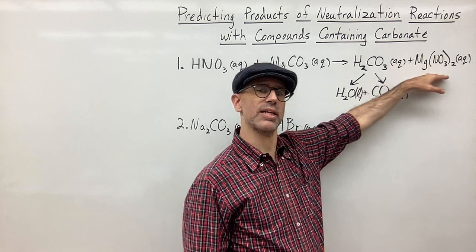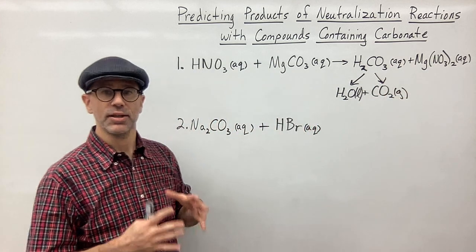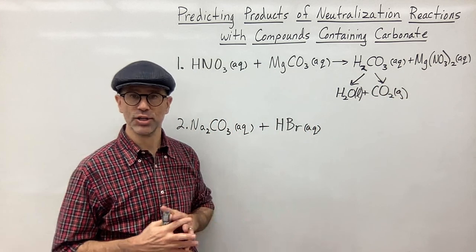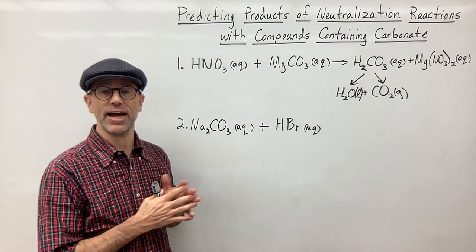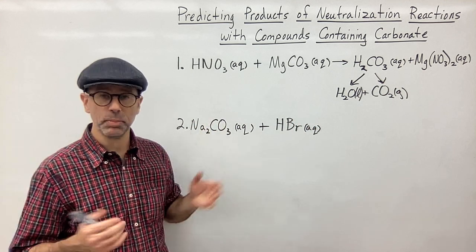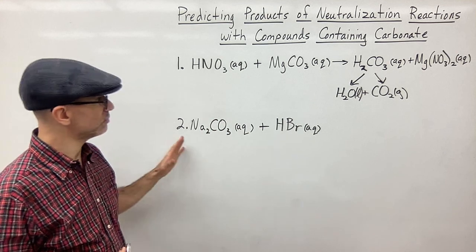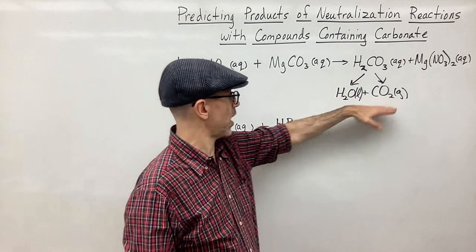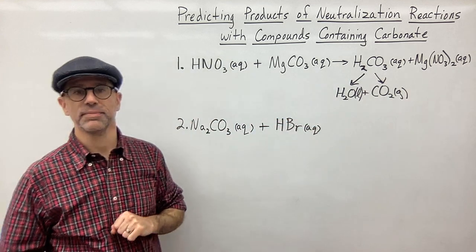But again, magnesium nitrate really isn't a product. It's not forming. These are just ions floating around in solution, what we would call the spectator ions. They're not participating in the reaction. So the actual real products are water and carbon dioxide.